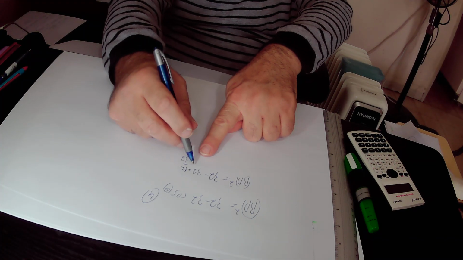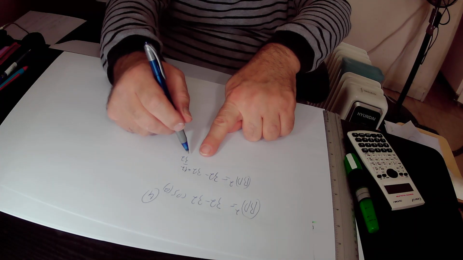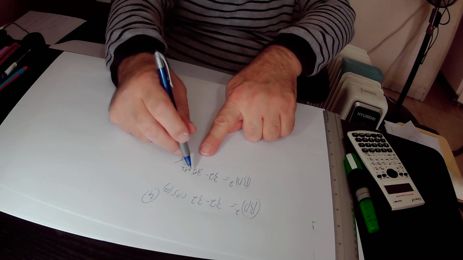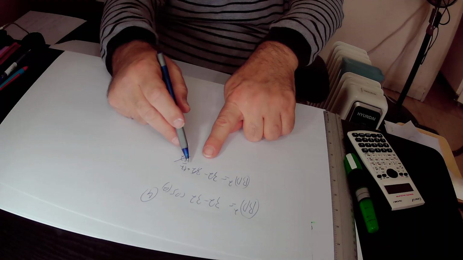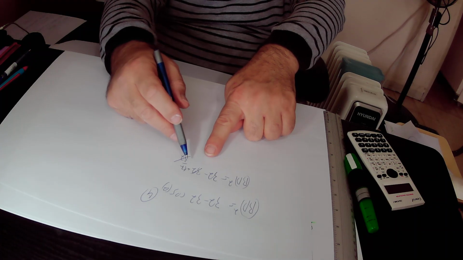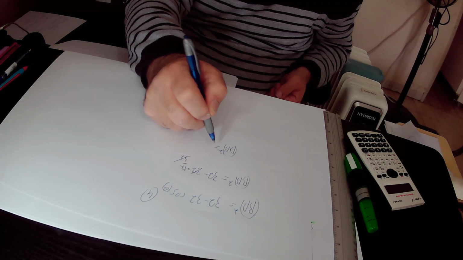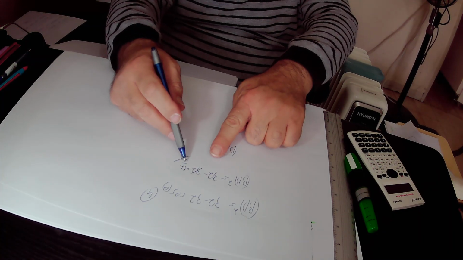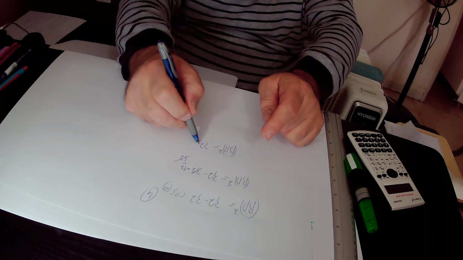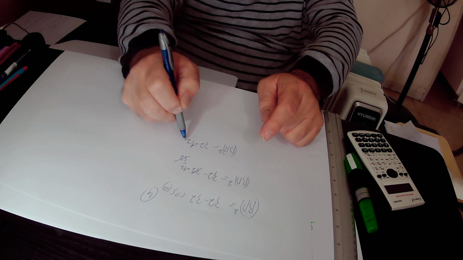We have 32 in the numerator and 32 in the denominator, so 32 gets cancelled. Here again, minus times minus is plus. So total BD square equals 32 plus 17, which is 49.